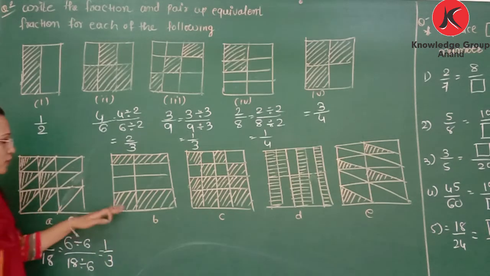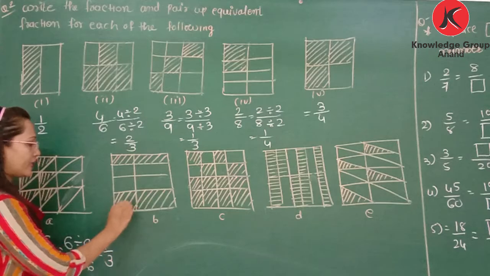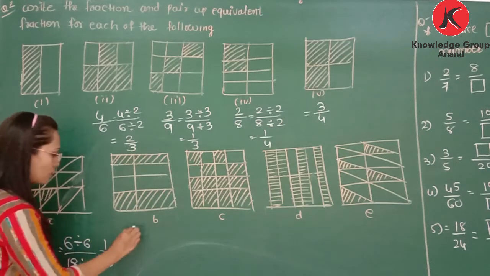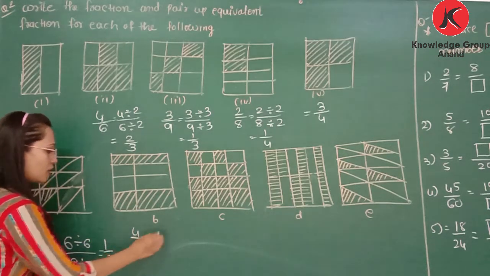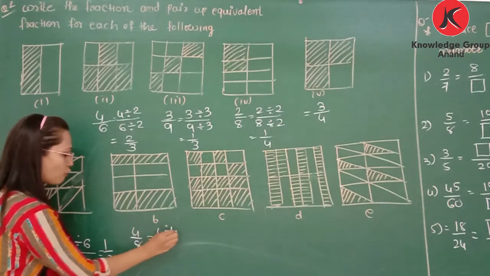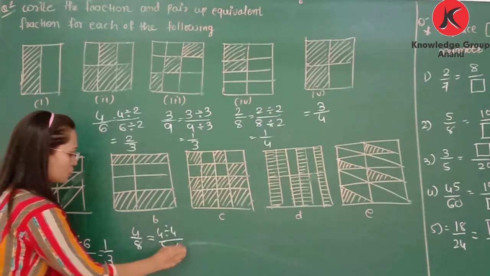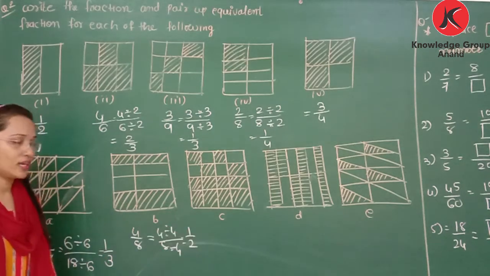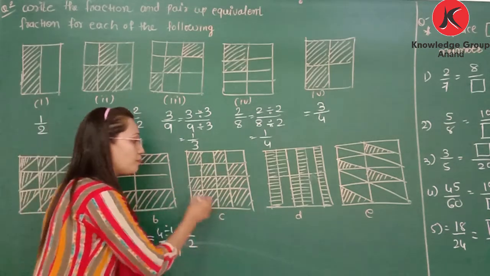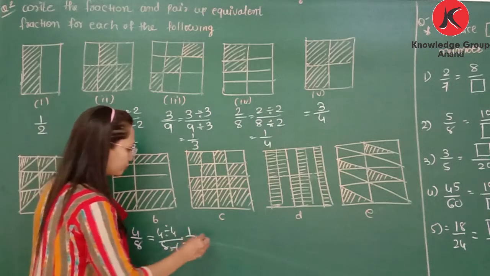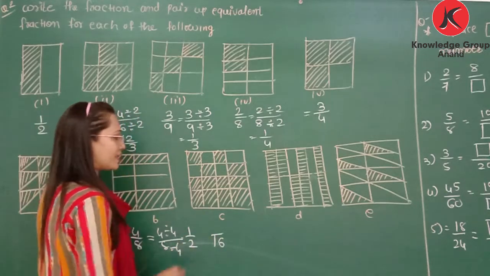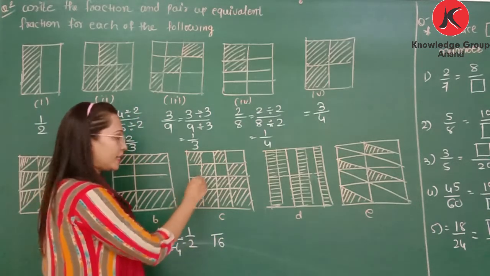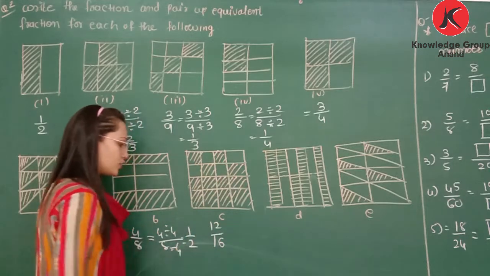Okay. Now for the next one, total parts are 8 and in that 4 parts are shaded. So we can write 4 by 8. Each one is divisible by 4. So we get 1 by 2. Now for the next one, how many total parts? You can see 16 parts are there and in that, how many parts are shaded? 4 plus 4, 8 and 4, 12. 12 parts are shaded.